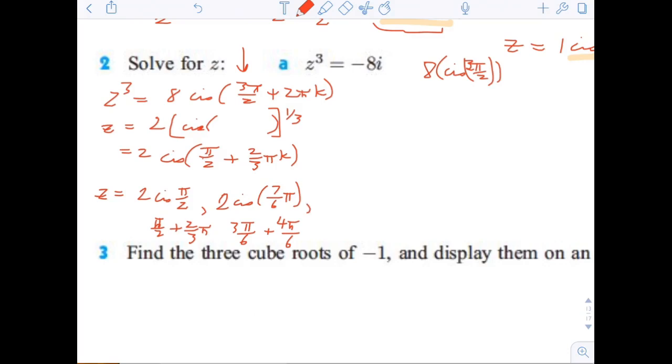Okay, and then finally, if I take 7/6 pi and add 2/3 pi again, I get 7/6 pi plus 4/6 pi, which is going to give me 11/6 pi. So it'll be 2 cis 11/6 pi. And so that would be the 3 roots in this case.